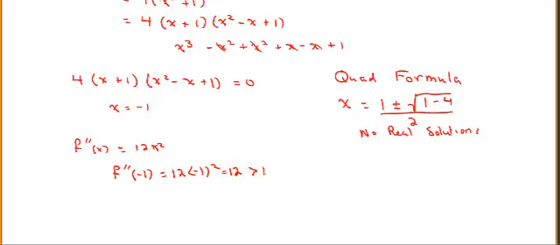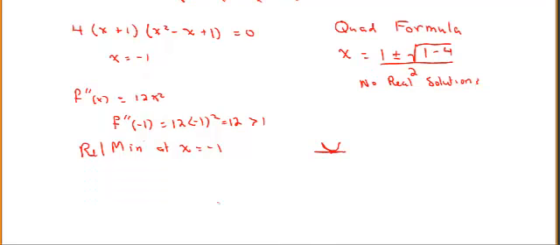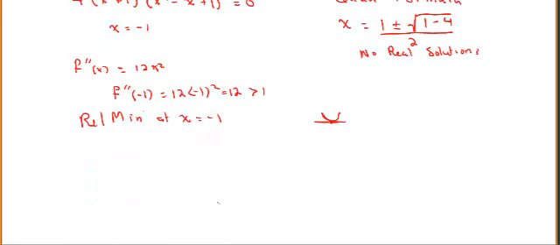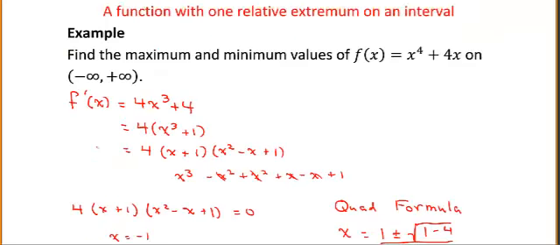That's greater than 0. So we have a place where the tangent line is horizontal and we're opening upward. So we have a relative min at x is equal to -1. Since this is the only relative extremum, this is the minimum. And I guess we could evaluate that pretty easily.